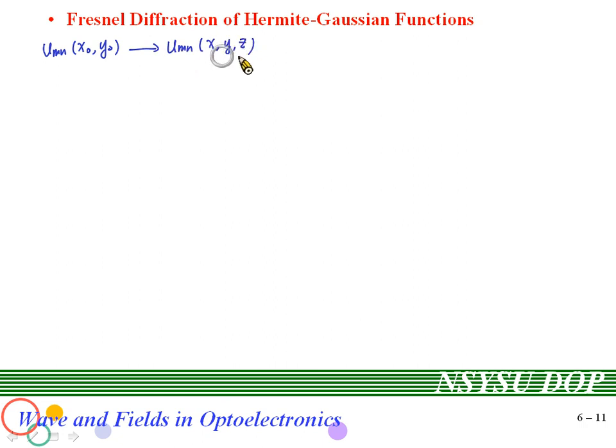The diffraction amplitude can be obtained by performing the convolution of the initial amplitude with the H function. The H function is the impulse response of the diffraction system. So let us perform the convolution.